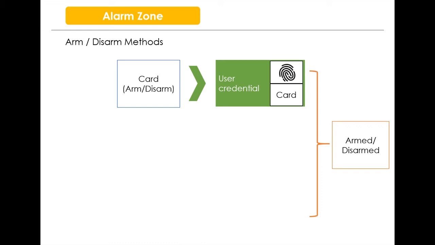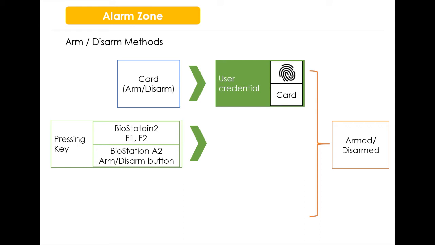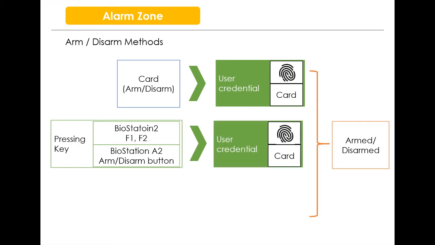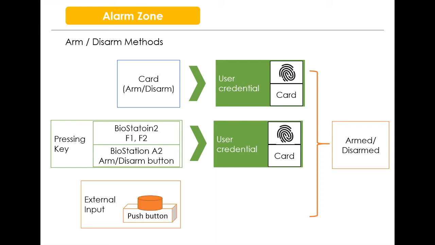The second option, for a device with a touchscreen, is to press the designated buttons such as F1 and F2 in BioStation 2 and A2, and then authenticate with the user credential. The last option is to use the input signal of the device to arm and disarm it. You could possibly connect it to another controller or button as required for your project.